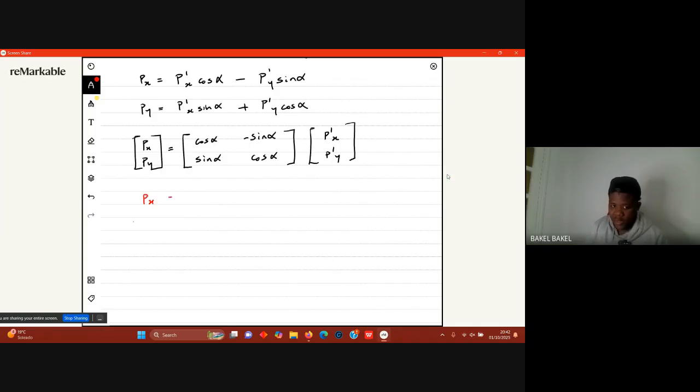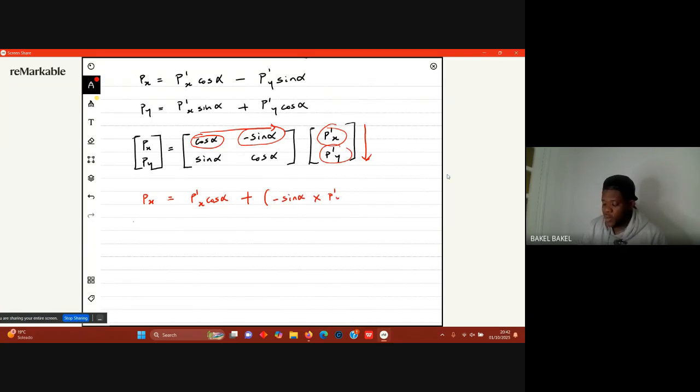Px, if we take Px, to multiply the matrix, you know it's row multiplied by column. So you first do cos multiplied by this, so that is Px multiplied by cos. And then you do plus this multiplied by this, which is plus minus sine alpha times Py.